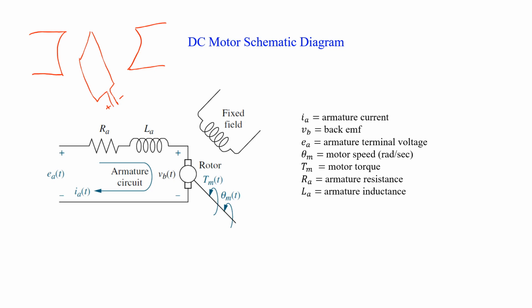Due to the current which passes through the conductor and the magnetic field around it, the conductor will feel some force and hence a torque which will rotate the coil.